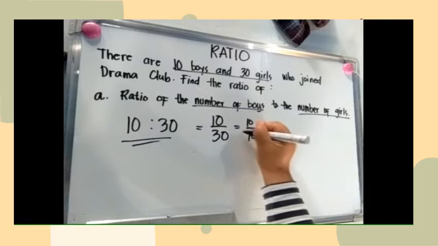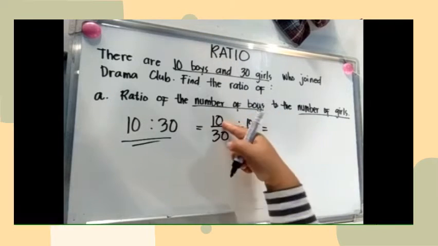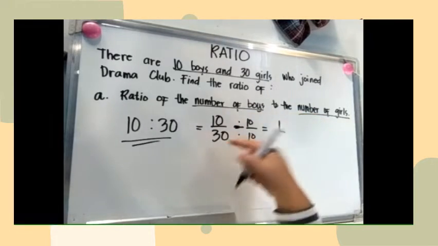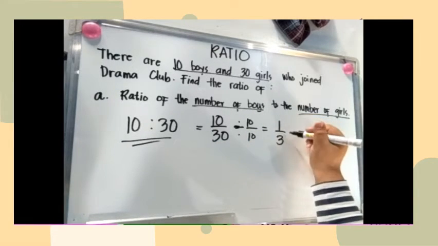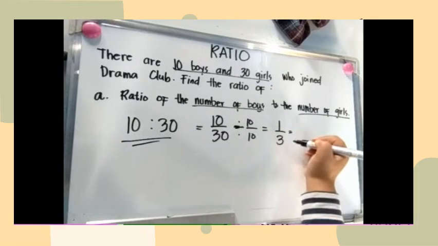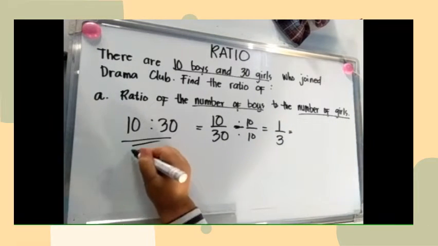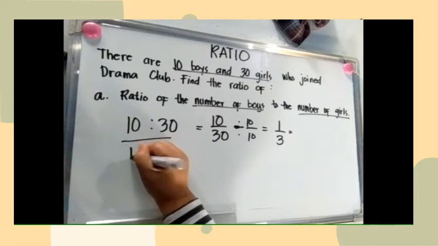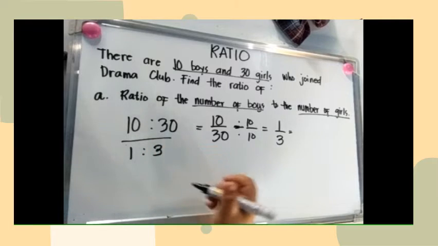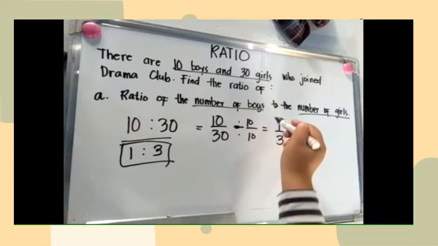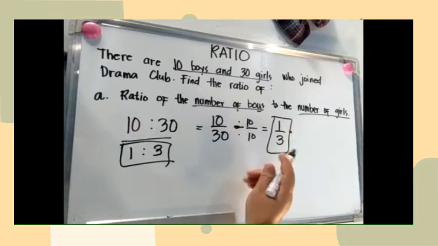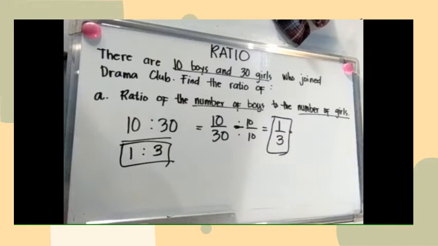So we divide both by 10. 10 divided by 10 is 1. 30 divided by 10 is 3. So their ratio is 1 is to 3. That is how it is written, class, 1 is to 3. Our answer is 1 is to 3. Did you get it? Did you follow? Easy, right? Okay.